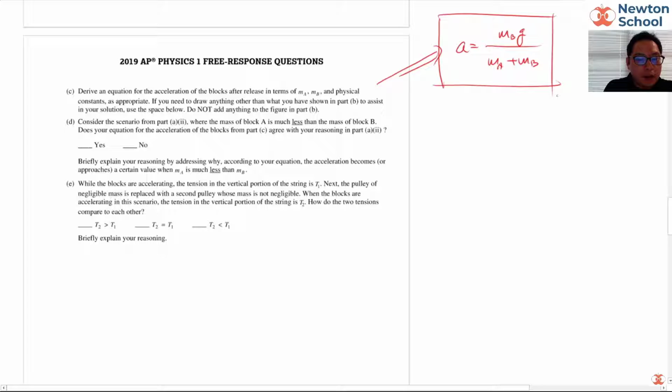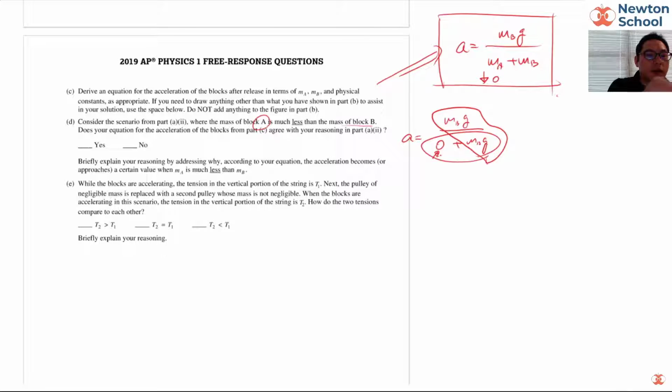This is scenario part A2 where mass A is much less than mass B. Then A is small. If it is close to 0, then the acceleration will be m_B g over something close to 0 plus m_B. So this value is not going to contribute much in the denominator. Actually, you don't have the g in the numerator for A, right? So the acceleration will be g.